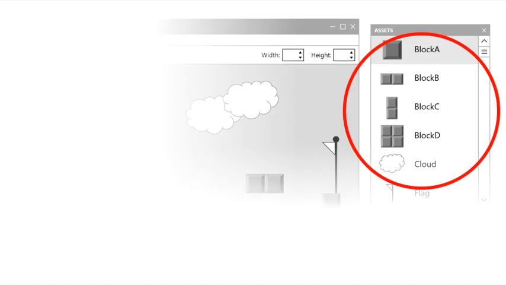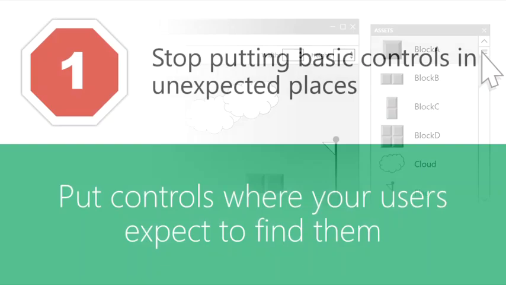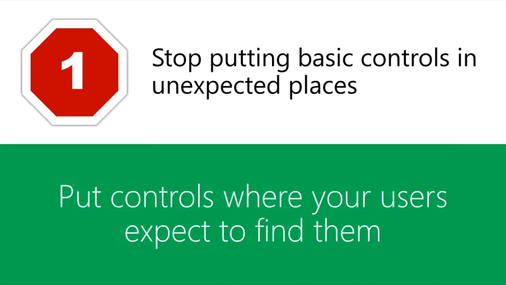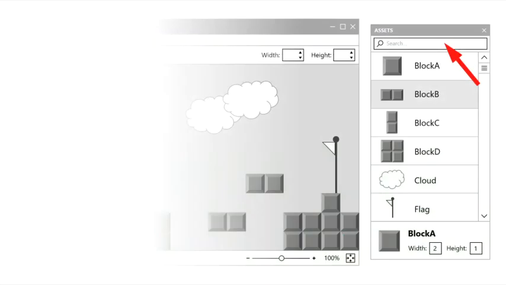Because they are not accustomed to the search box being at the bottom, they don't notice it. So even though they could search for it, they think they need to scroll down the list to find what they're looking for, wasting time. But if we stop putting basic controls in unexpected places and instead put controls where your users expect to find them, then we know to put the search box at the top, where users are more likely to find it.